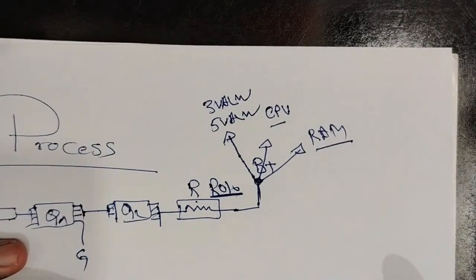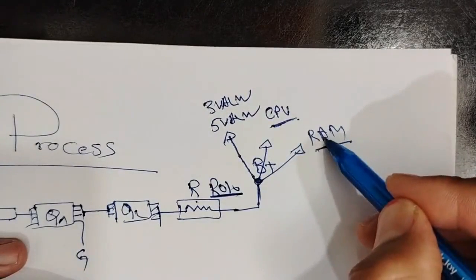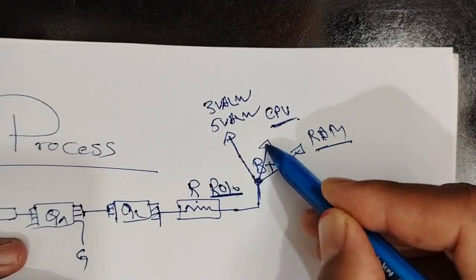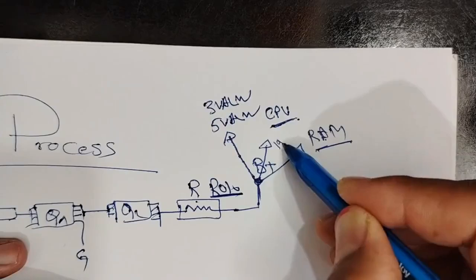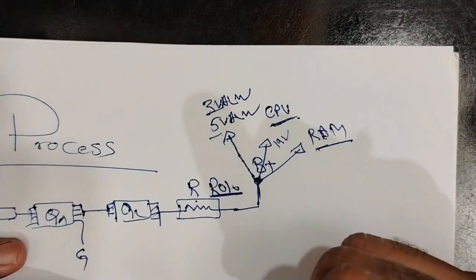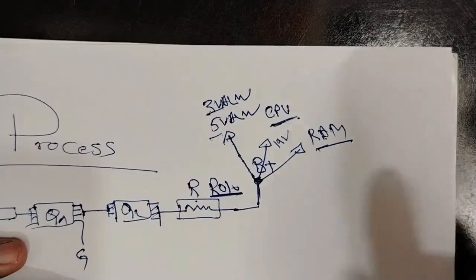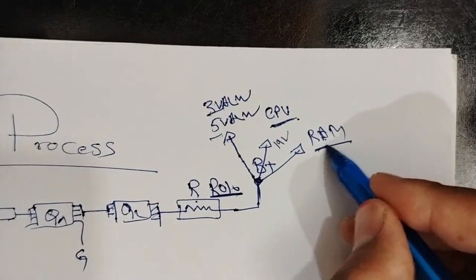But sometimes other circuits like CPU and RAM will not get 19 volts as input. They will get 3 volts or 5 volts as input, like what we have seen on the board. Okay, let's see the RAM, for example.